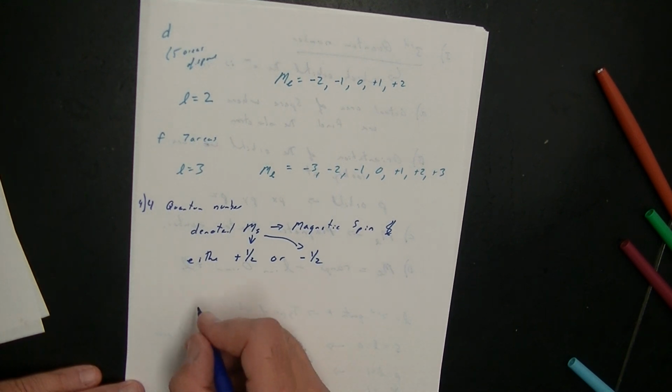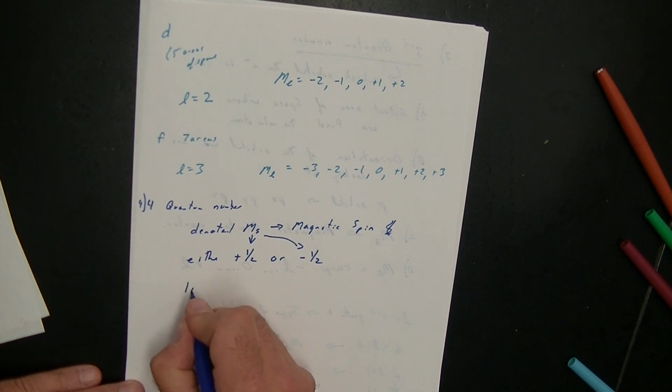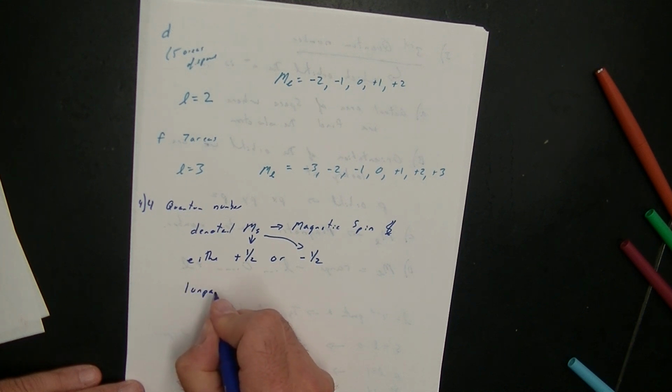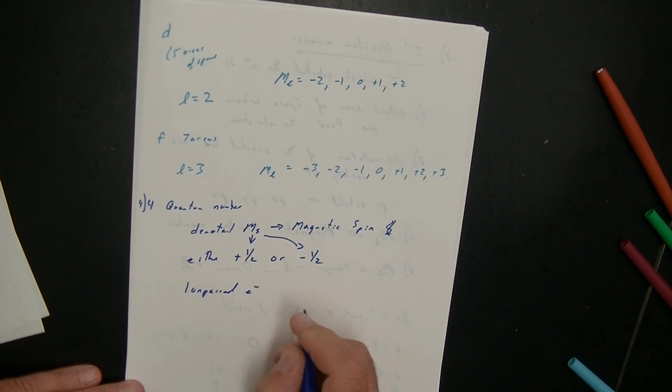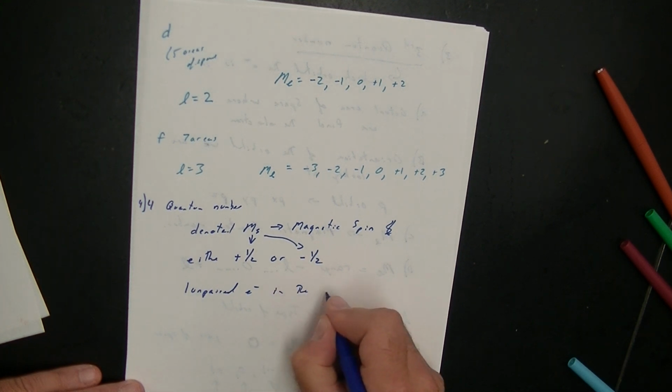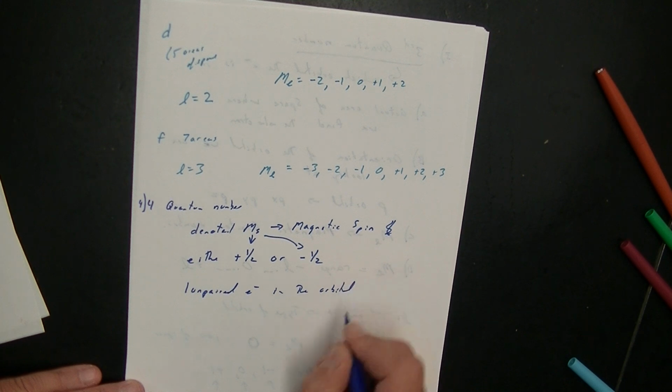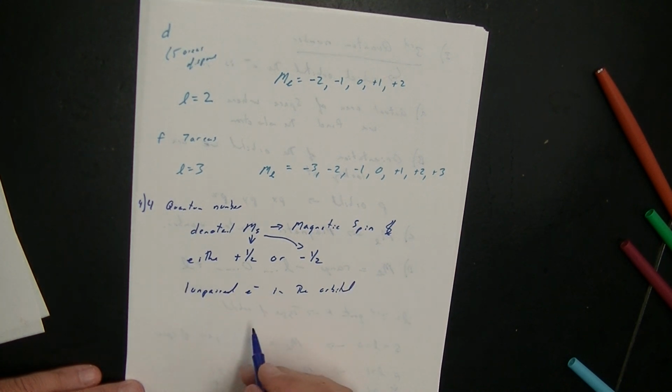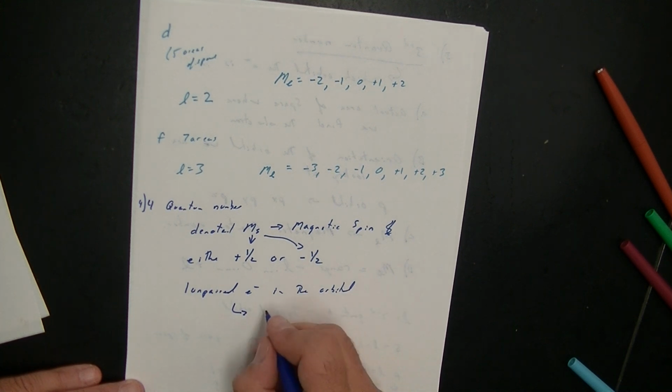If there is one unpaired electron in the orbital, so if that last electron is unpaired in the orbital, the fourth quantum number, or the magnetic spin number, is +1/2.